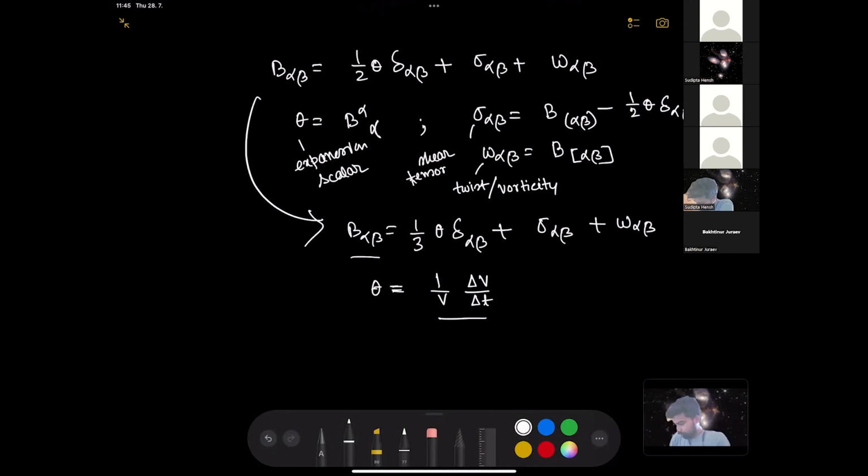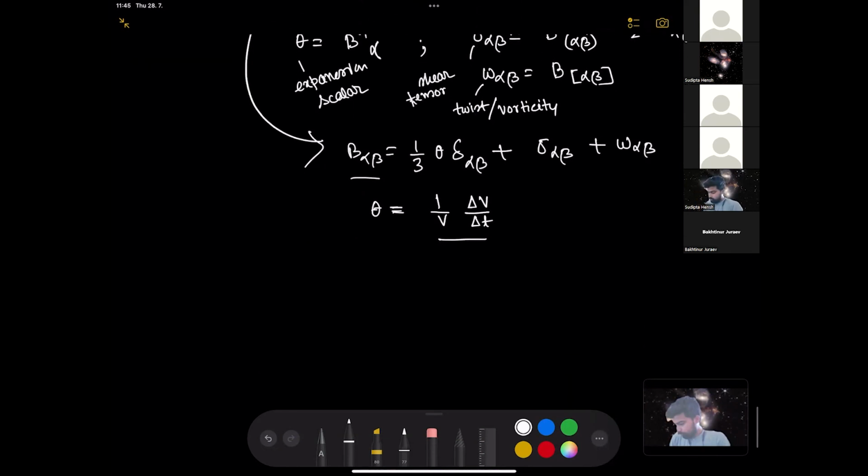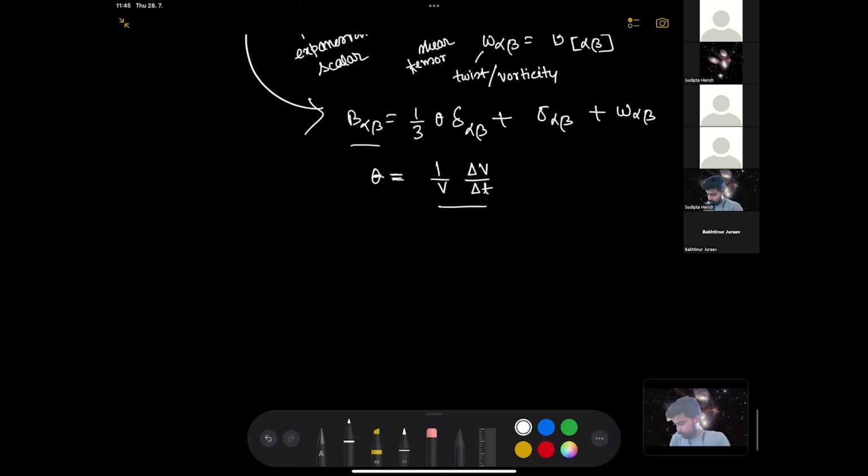So this is the machinery. Basically, we needed to define B and also other definitions and notations in order to derive the evolution equations. Our goal is to calculate the evolution equation for theta, for sigma, and for omega in both time-like and null cases.